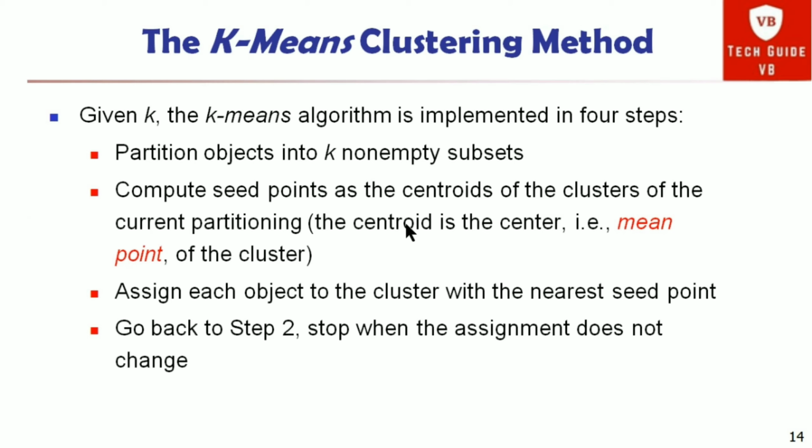Then the k-means clustering method. Given k, the k-means algorithm is implemented in 4 steps. First, partition objects into k non-empty subsets.